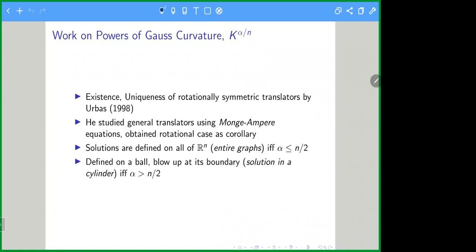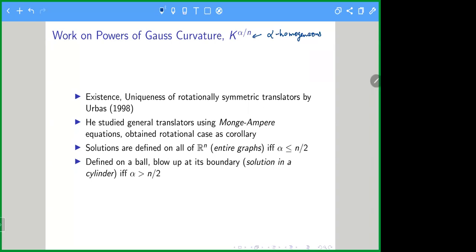So if you're not looking at mean curvature flow, but at powers of Gauss curvature flow, you're taking Gauss curvature and taking the alpha over nth power of it. I write it this way because this is an alpha-homogeneous function: K itself is n-homogeneous, so I need to take the nth root of it to make it alpha-homogeneous.